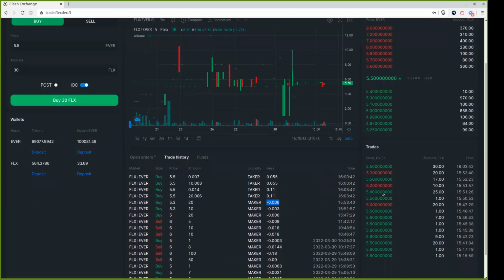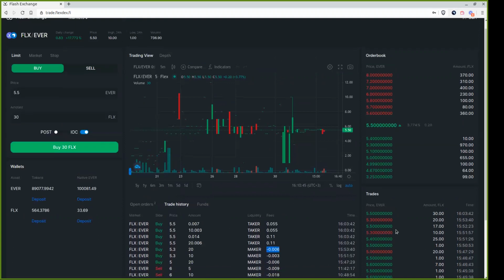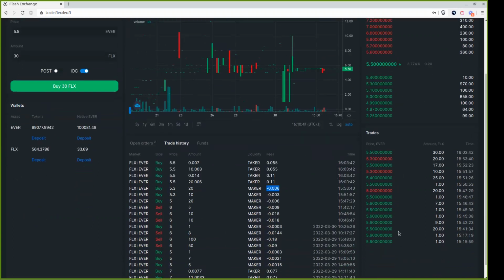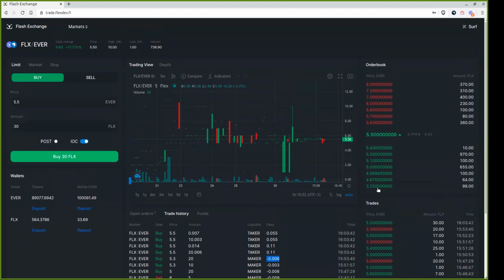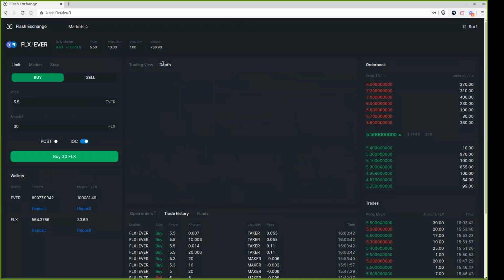Trades are here. These are all the trades, well, the last several trades of the whole thing. Here is an order book, and here is the trading view and depth. So you can see the order book depth here. You can go and see all the depth, because you don't see the whole order book here, only whatever fits.